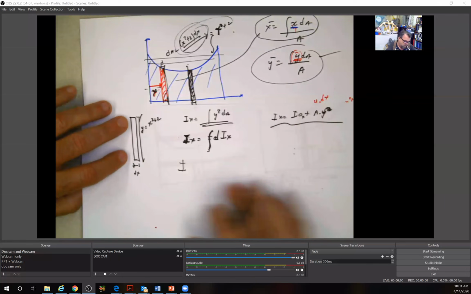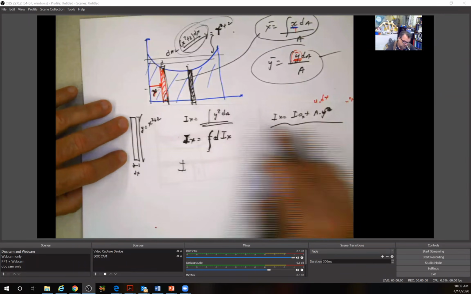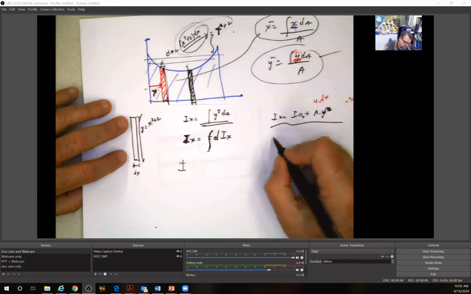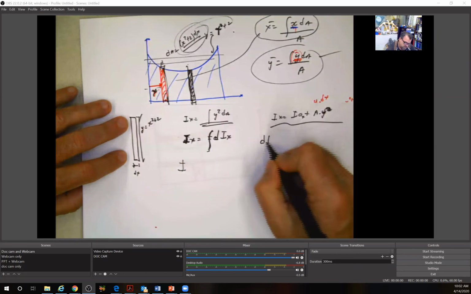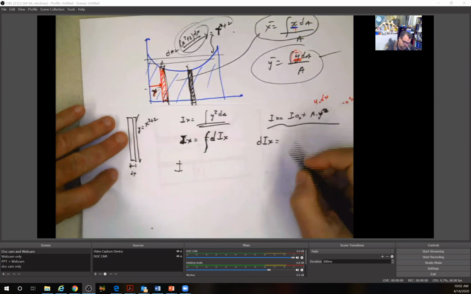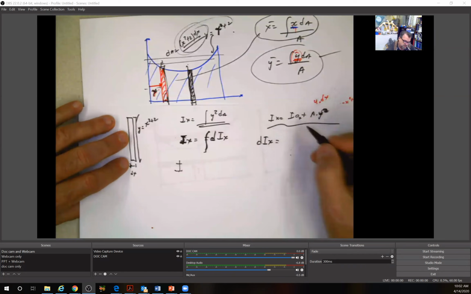Now, if you want to put 2 and 2 together, we have to do that. What is the area of this? Let's talk about this. dIx is going to be equal to what? It's going to be I sub 0x, which is bh cubed divided by 12.